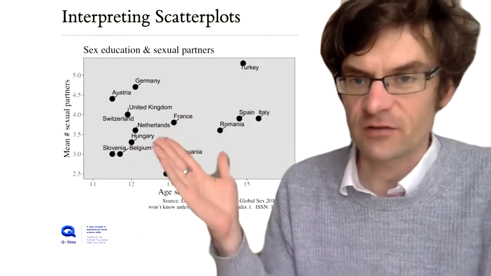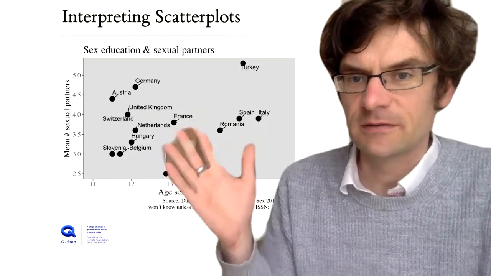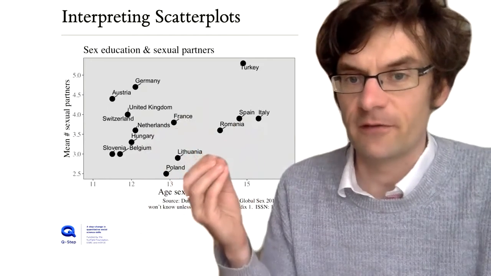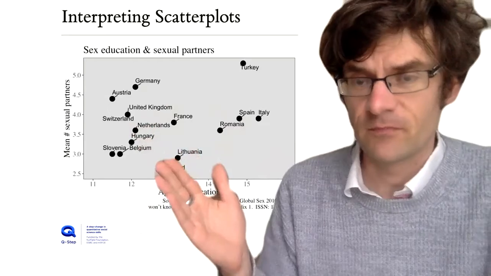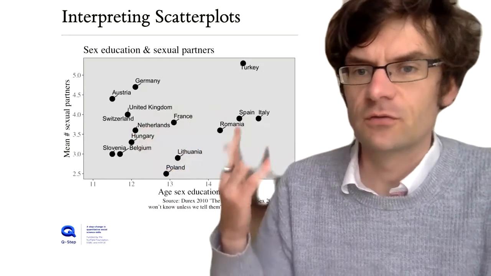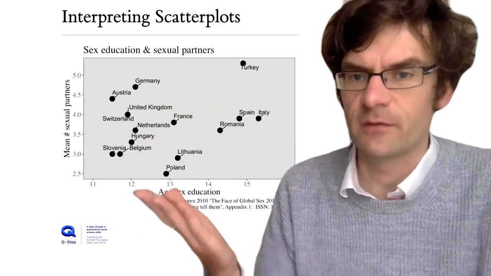Behind me you see a scatterplot, a very simple one, but I think it will show you very clearly what they're about. But first, why would we do scatterplots? Scatterplots are a great way to show in one quick snap the relationship of two variables.